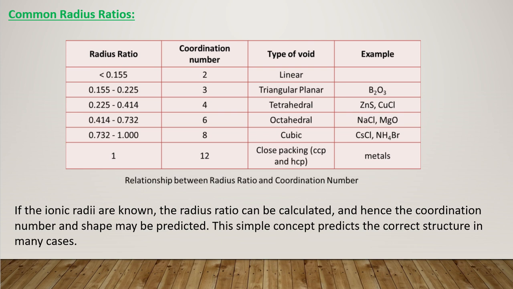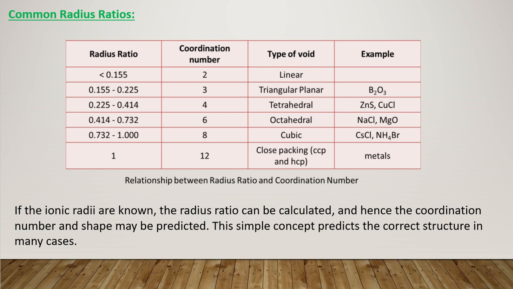Next, if the radius ratio is between 0.414 and 0.732, then the coordination number will be 6. If the coordination number is 6, the molecule will be octahedral in geometry. For example, sodium chloride and magnesium oxide.